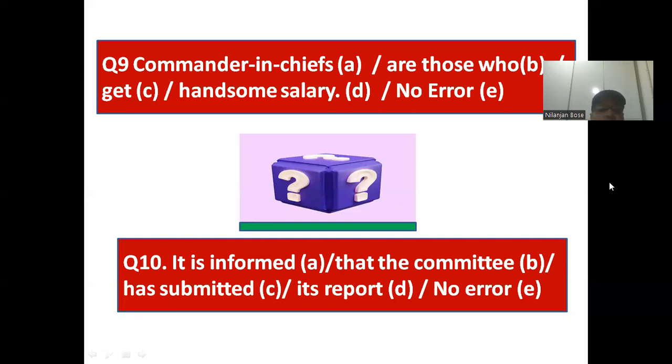It is informed that the committee has submitted its report. So it's absolutely perfect: the committee is to be considered as a single unit, so it should be followed by a singular verb. And here it is written "has submitted". That is perfectly all right. So in this question, there is no error.